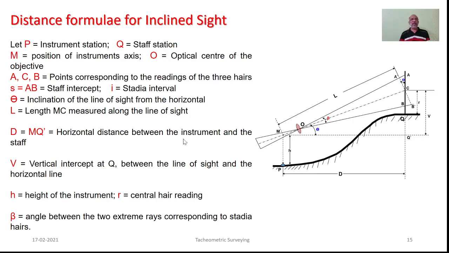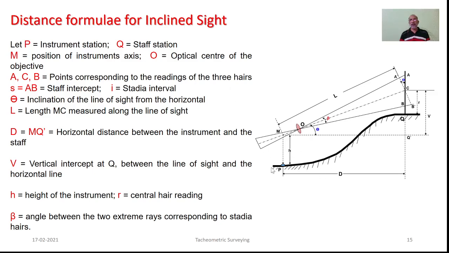The way we mentioned the horizontal sights, in a similar way, we can deduce the expression for distances for inclined sights, which is a major feature in tacheometry.